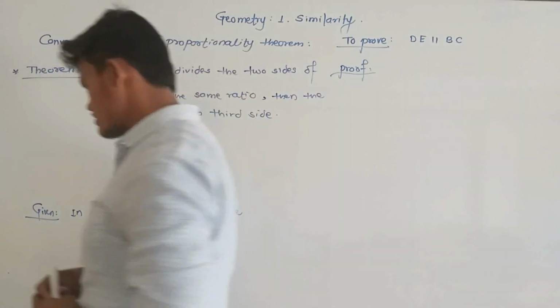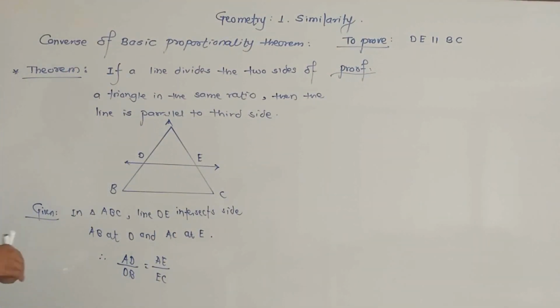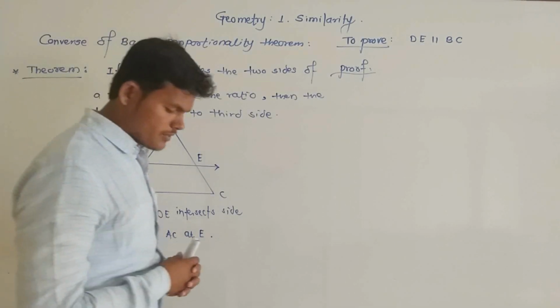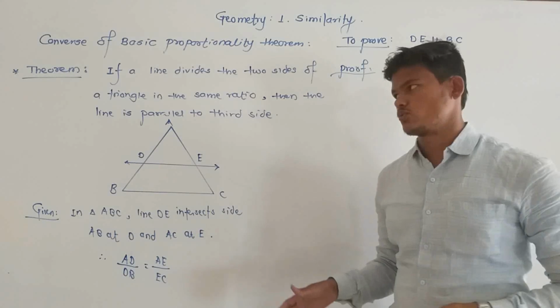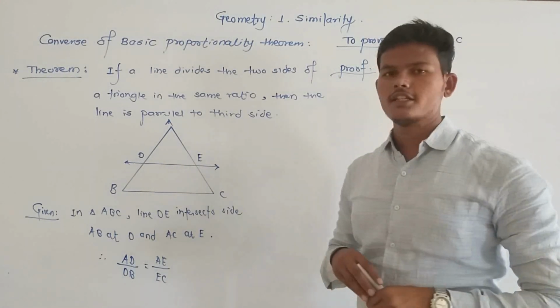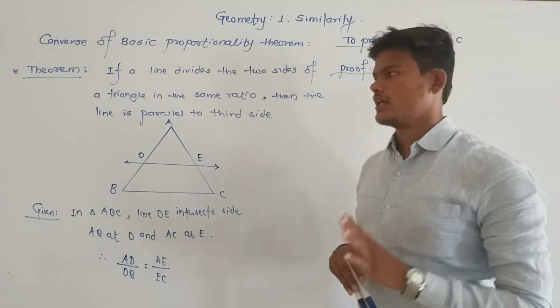The second theorem is the converse of the basic proportionality theorem. So what does the converse of the basic proportionality theorem state? If a line divides two sides of a triangle in the same ratio, then the line is parallel to the third side of the triangle.